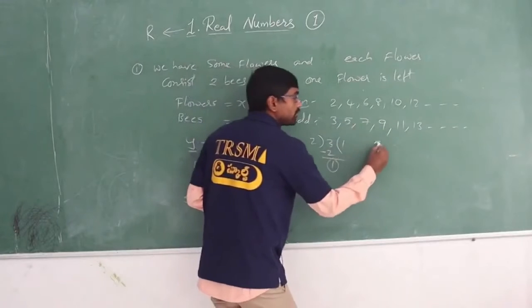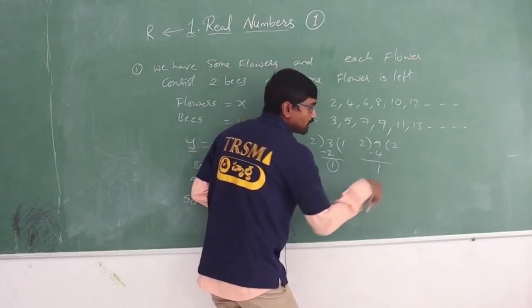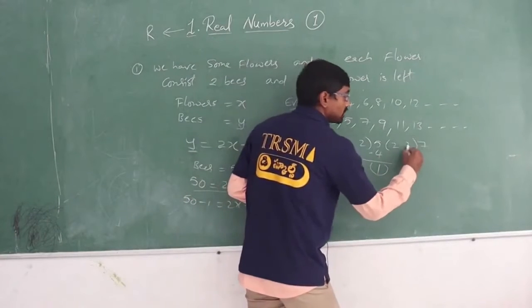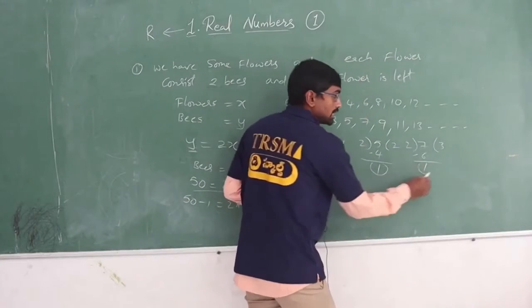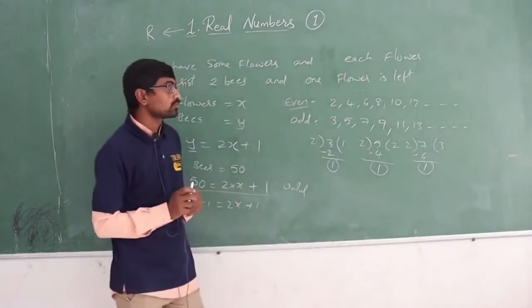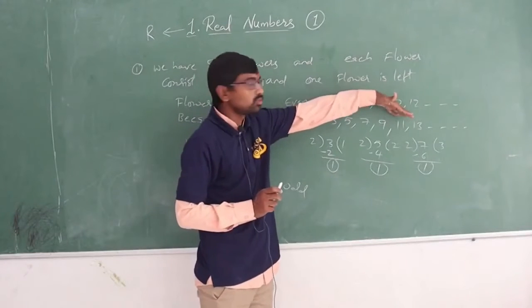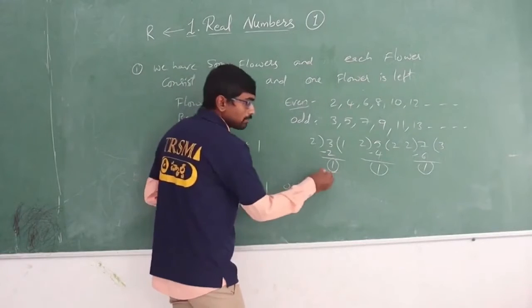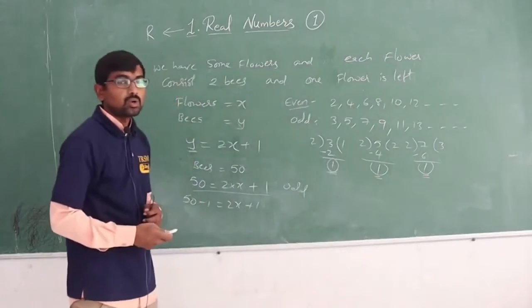Same with 5: 2 twos are 4, remainder 1. For 7, 2 threes are 6, remainder 1. If you divide 9, 11, or 13 by 2, you will get remainder 1.